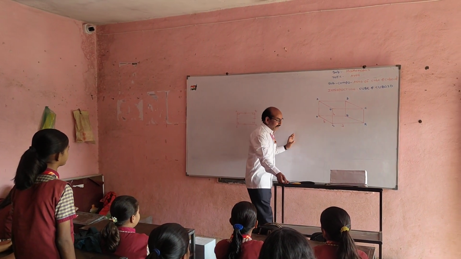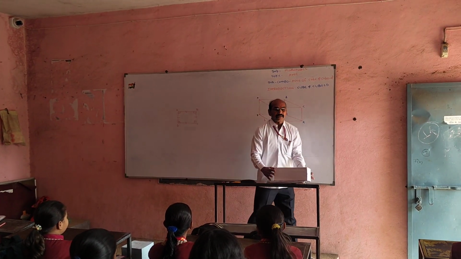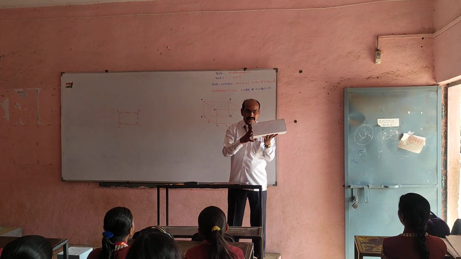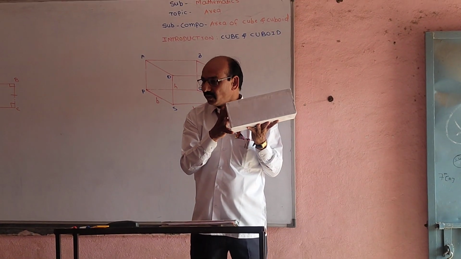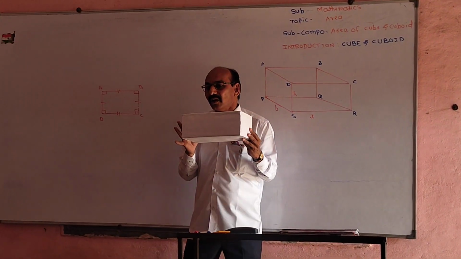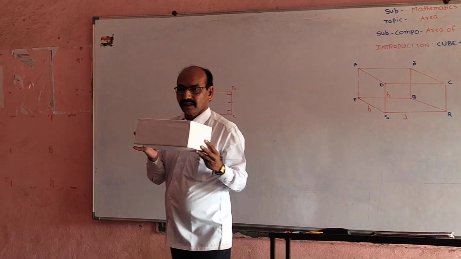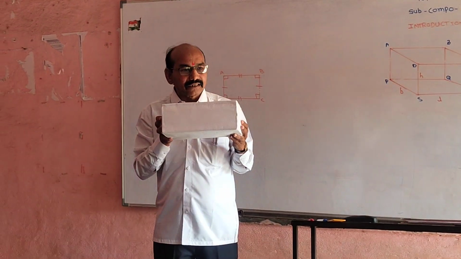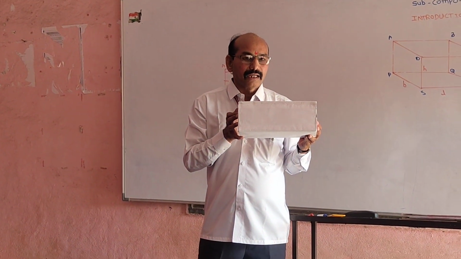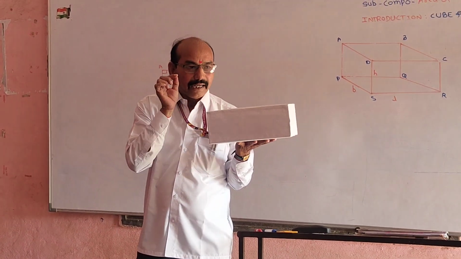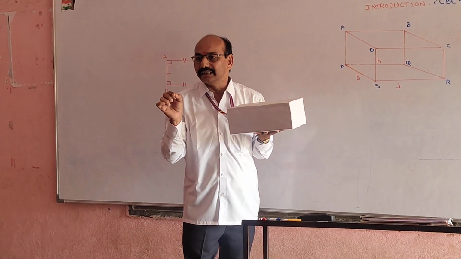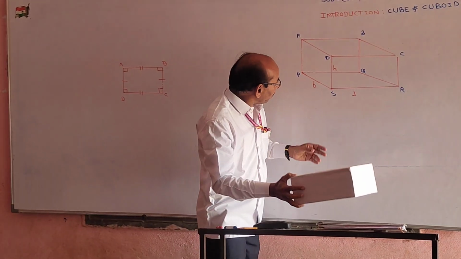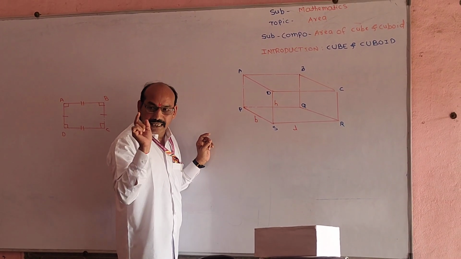Now we have to find the total surface area of this box. We know this box is an example of a cuboid, and a cuboid is a 3-dimensional shape, which means this figure has length, breadth and height. First, let's find the area.